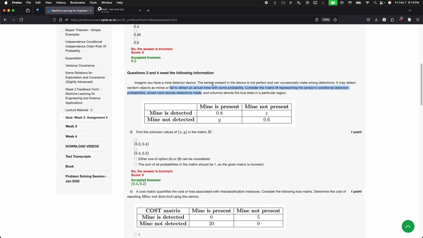The probability that mine is detected given that mine is present is 0.8. So the probability that mine is not detected given that mine is present will be 0.2, right?